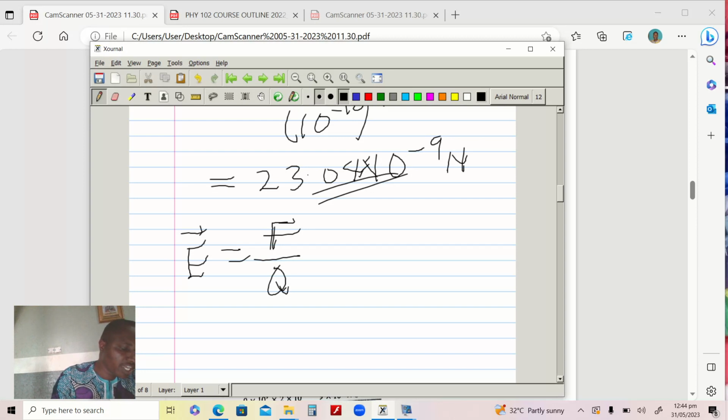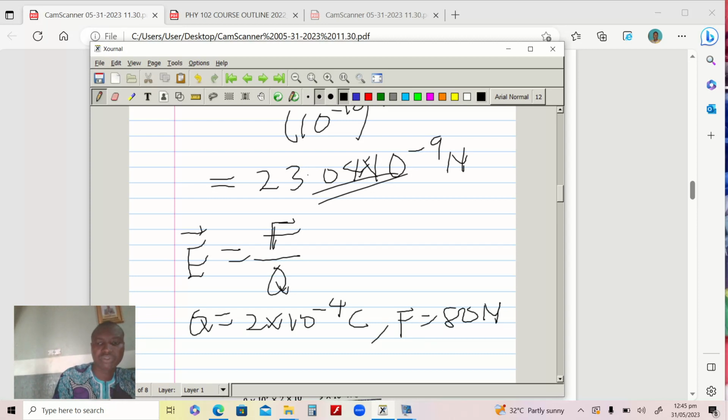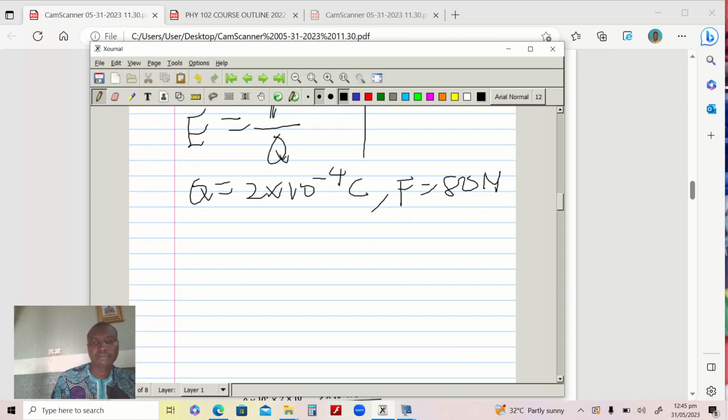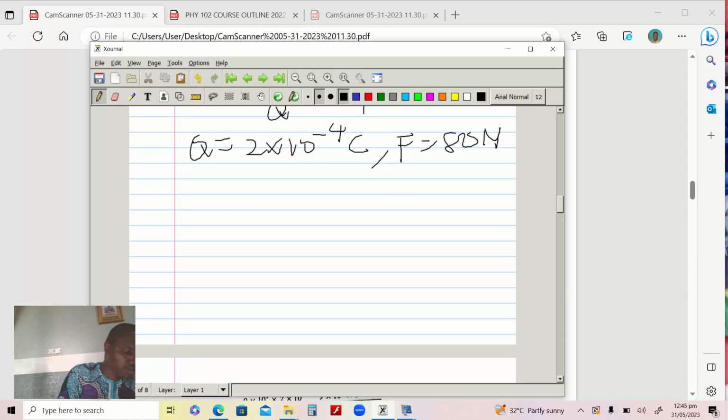The charge given, Q, was 2 times 10 to the power minus 4 coulombs. Then we are given force, F, equal to 80 Newton. I believe we are okay with that, as simple as it could be.